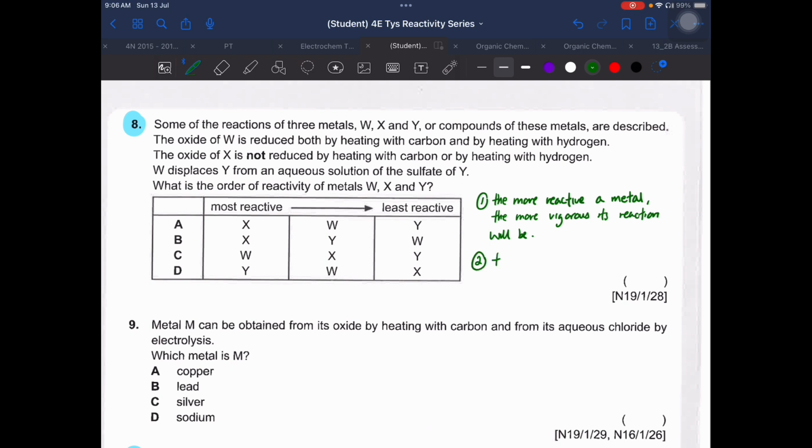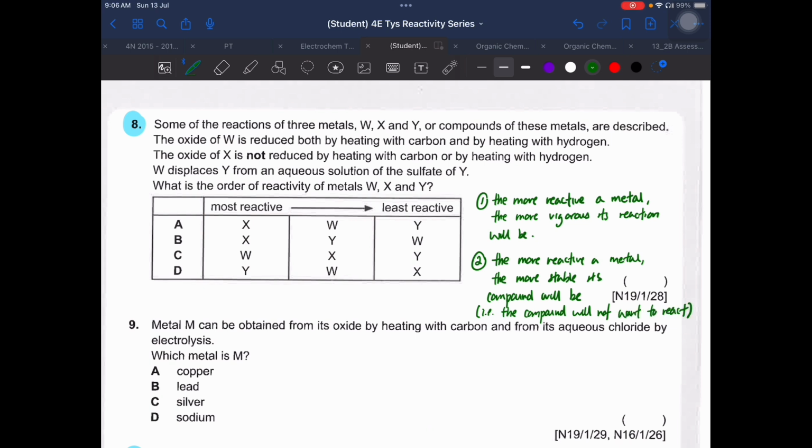At the same time, there's also another concept that you must remember. The more reactive a matter is, the more stable its compound will be. Now, what does this mean? This means that the compound will not want to react.